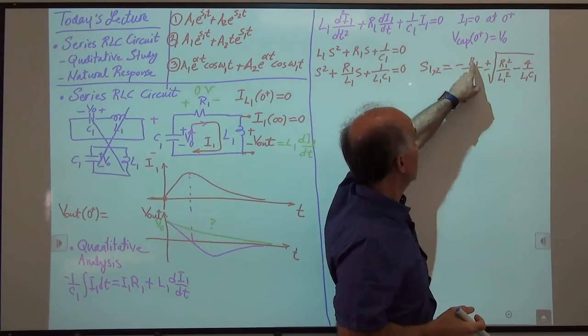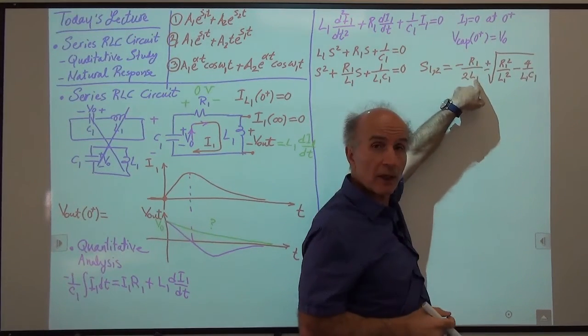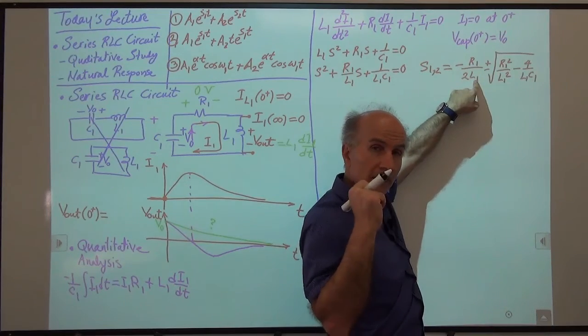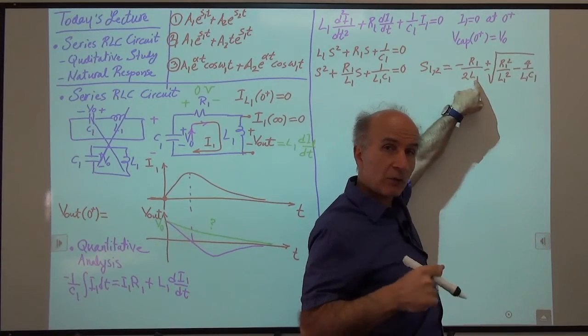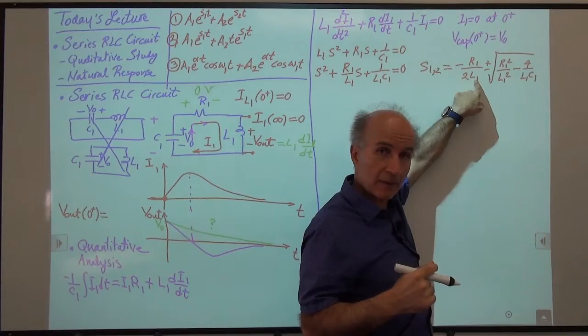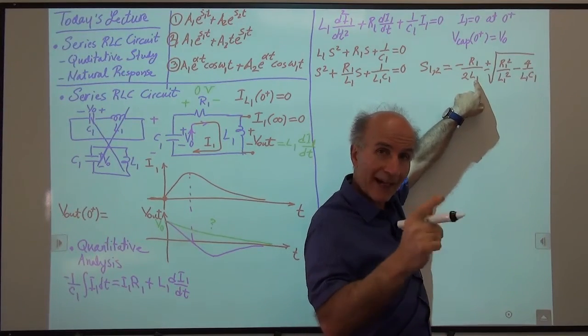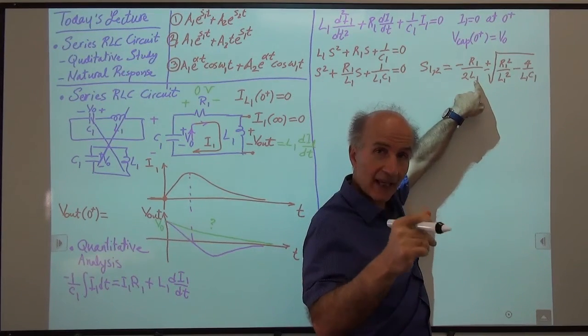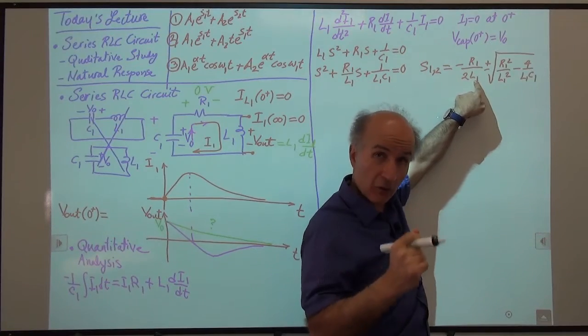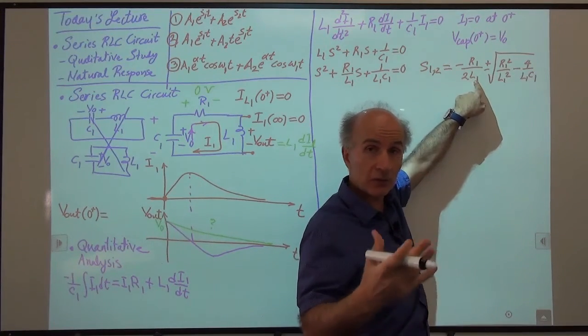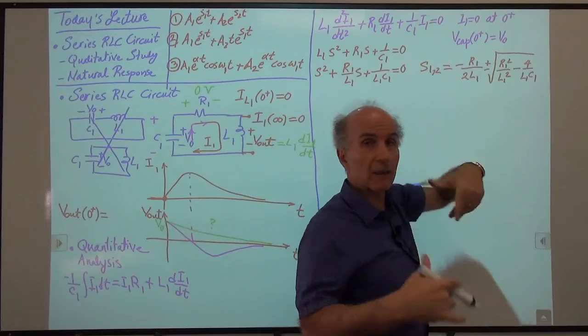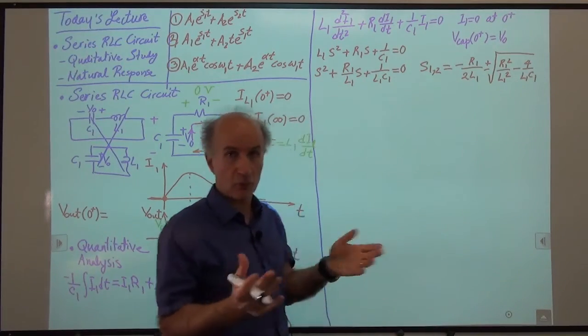This has a dimension of 1 over time. How do we know that? Well, remember that the time constant we found in RL circuits was of the form tau equals L over R. So L over R has the dimension of time, so R over L has the dimension of 1 over time. So that makes sense.